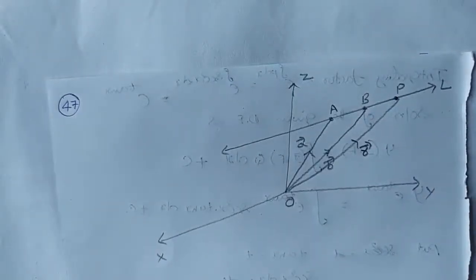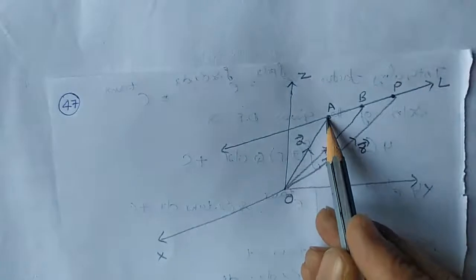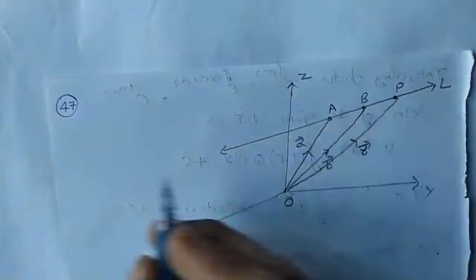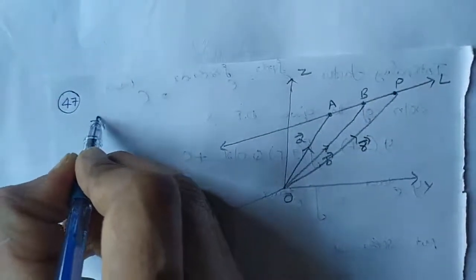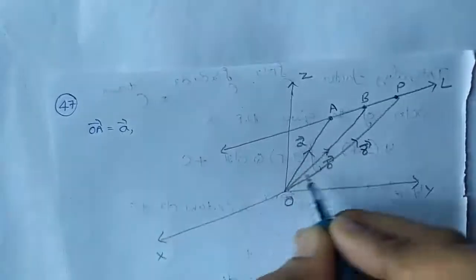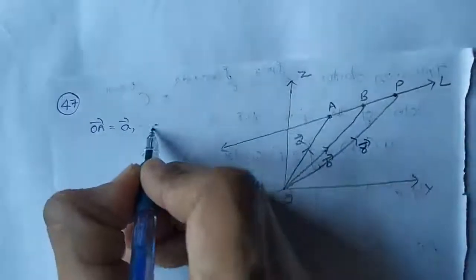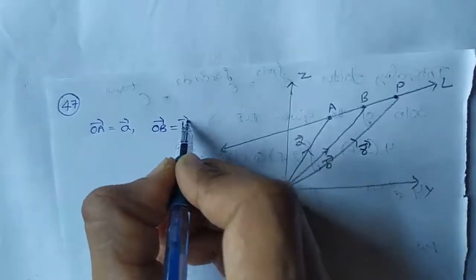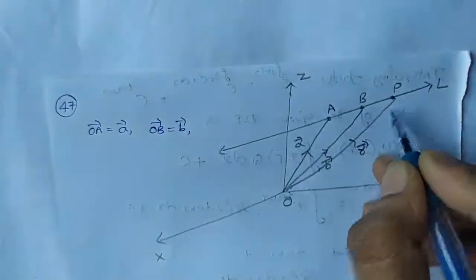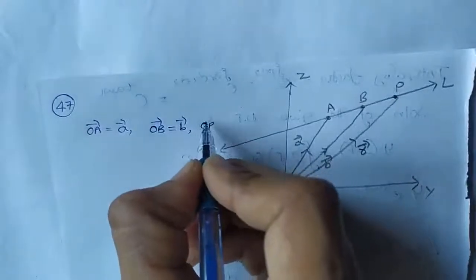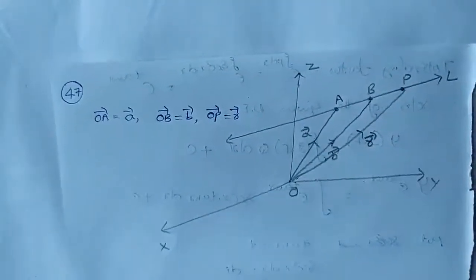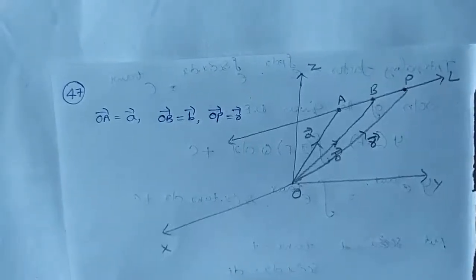The position vectors of the points A, B and P are given by OA vector equals A vector, OB vector is B vector. Next, OP vector is R vector. Hence, this is the explanation regarding this diagram.